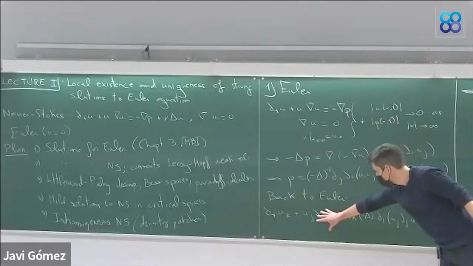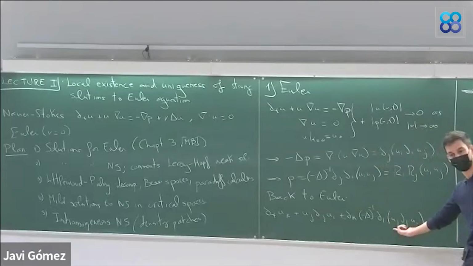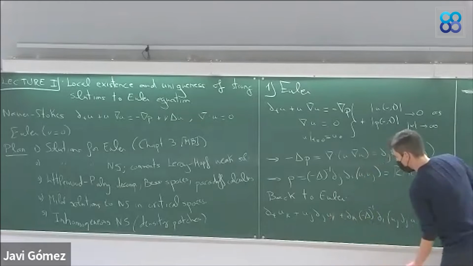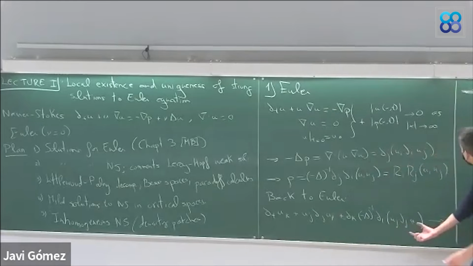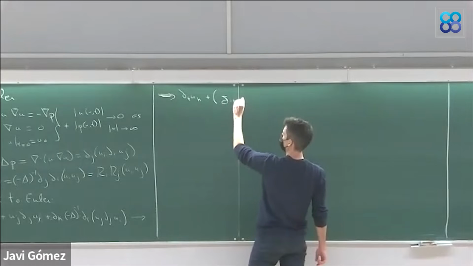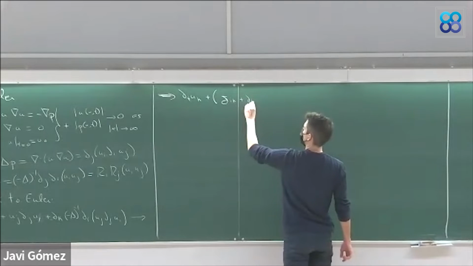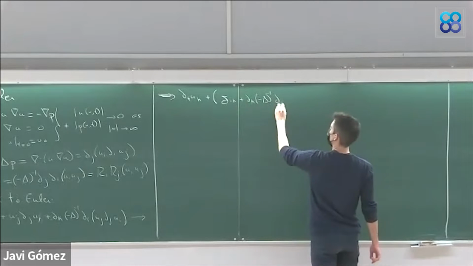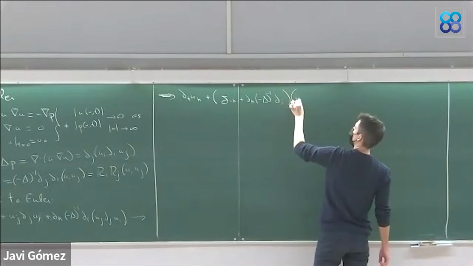And I will write all this as an operator acting on the convective part, u dot gradient u. I want the same quantity here and here. So this is the Kronecker delta plus all this applied.